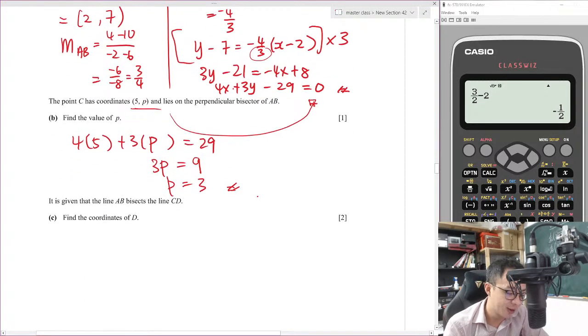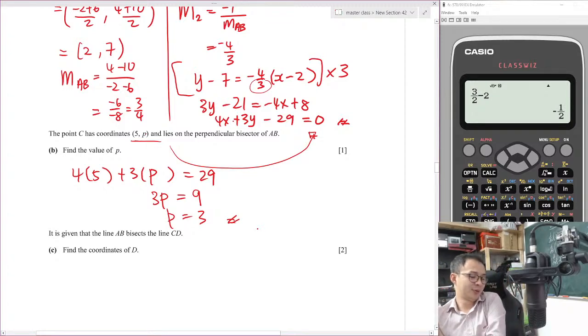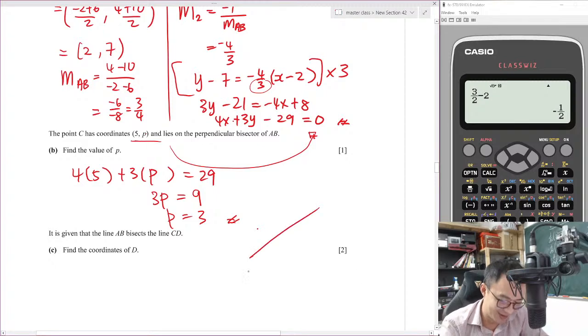1 mark only. So it's given that the line AB bisects the line CD. Okay, line AB bisects the line CD. Okay, so this one confused me a bit.